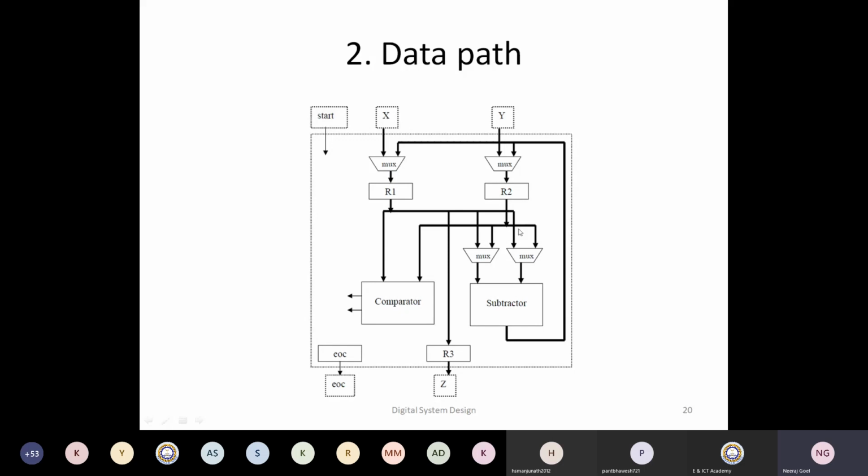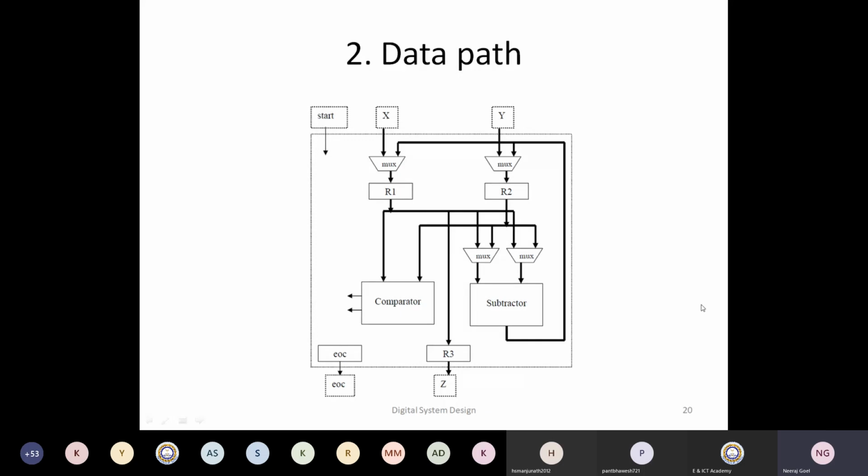So that's why we would require a mux here. And when computation is done, the value of R1 would be copied to R3, so there is again no mux required here. End of computation would possibly be generated whenever my state machine is done. So this is my data path, and this is how my data would flow.